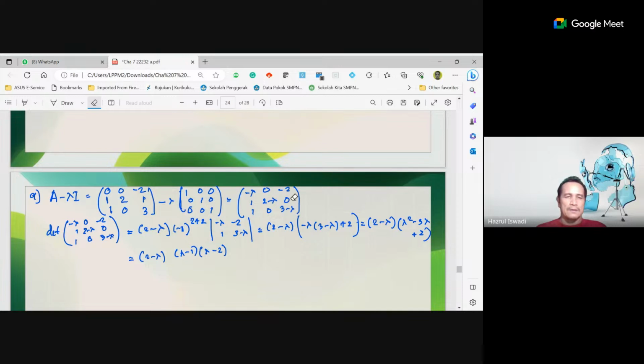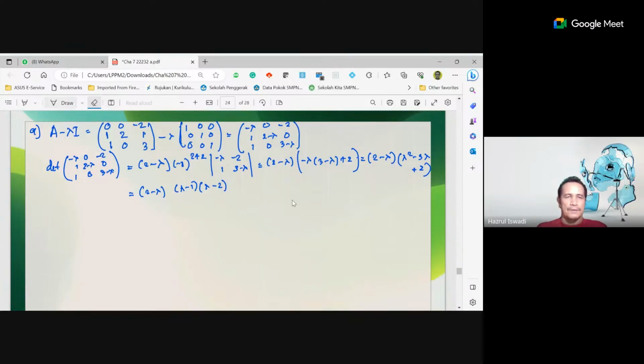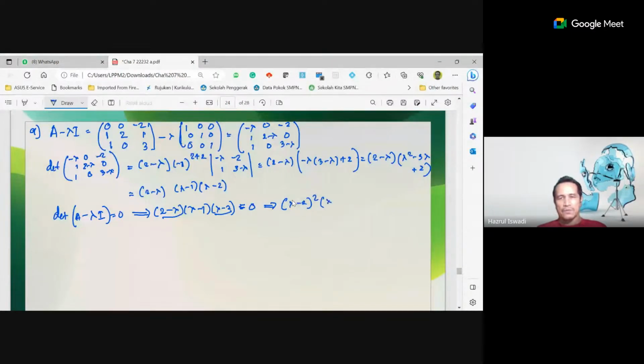It means the solution of determinant of A minus lambda I equal to 0 is (2 minus lambda)(lambda minus 1)(lambda minus 2). The first factor and the last one are the same up to multiplying by minus 1, so we get (lambda minus 2) squared times (lambda minus 1) equal to 0.